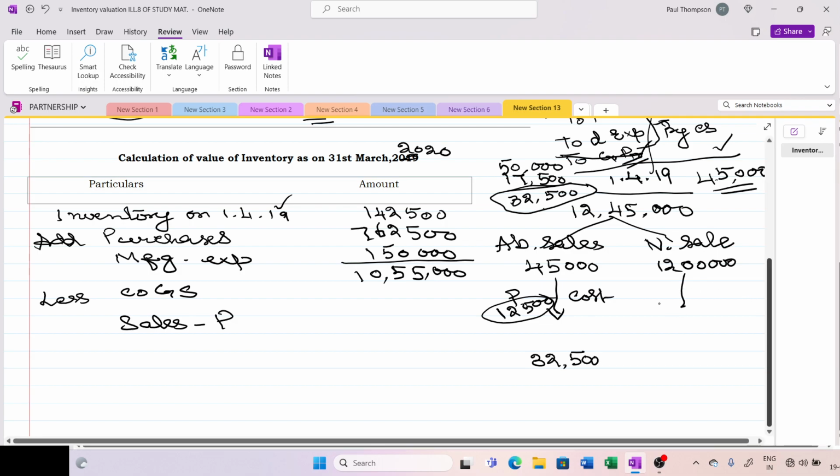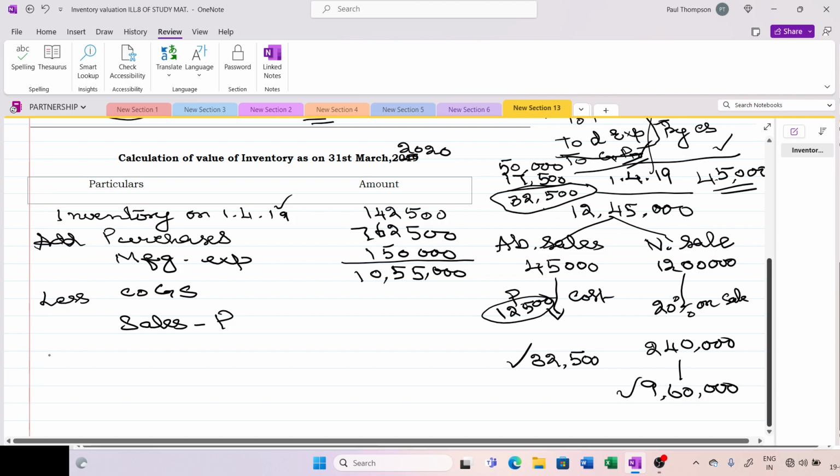In these items, it was 20 percent on sale. Straight away they have given 20% on sale. So the profit portion is 2,40,000. So the cost of this is 9,60,000. So we need only cost. Here one cost is there, here one cost is there.